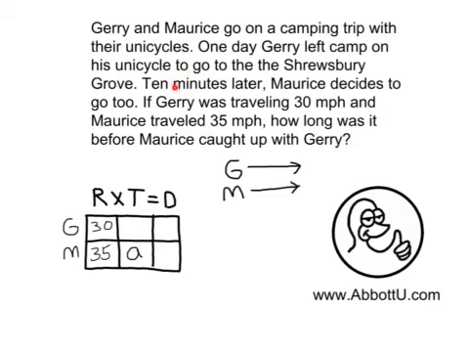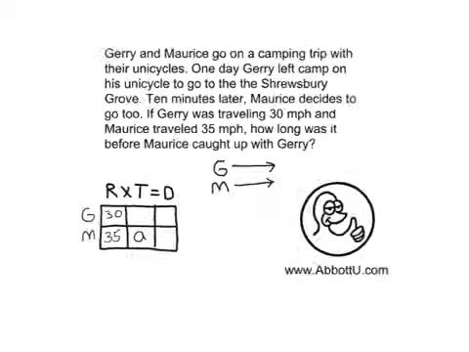Now, you have to be very careful, because this says 10 minutes, which is speaking to units of time in minutes, whereas this column on our table is representing hours as the units of time. So you cannot just write a plus 10 over here, because through the table that would be interpreted as a plus 10 hours. Clearly Maurice did not leave 10 hours later. So we have to figure out what fraction of a total hour is 10 minutes. That's not too difficult.